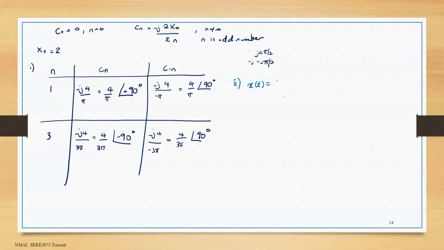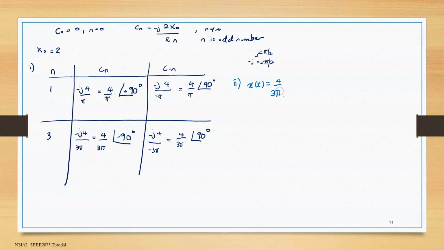There is no component for n equals 0, so you just take from n equals negative 1 first, or you can take from negative 3. It's up to you how you arrange the equation. Let's say I take from n equals negative 3, so this is 4 divided by 3 pi.